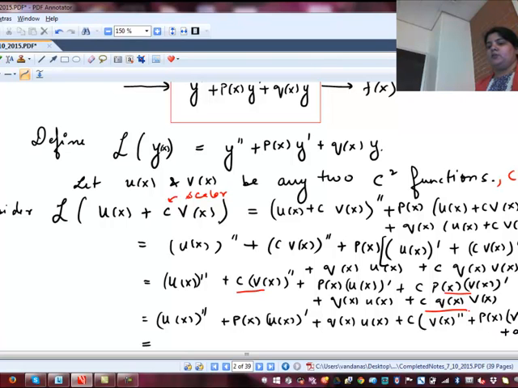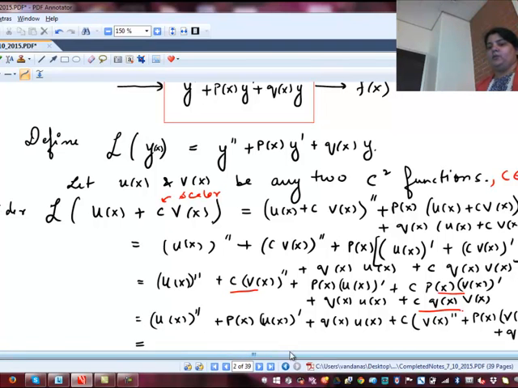I think you should be able to see right now what we are finally ending up with. So these u terms together will give us, what is this by definition? This whole thing is equal to just this much.